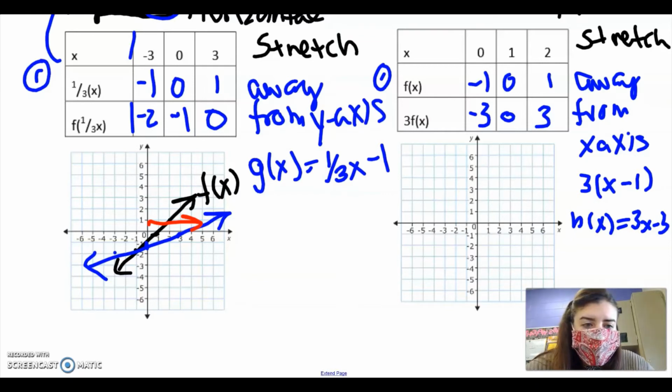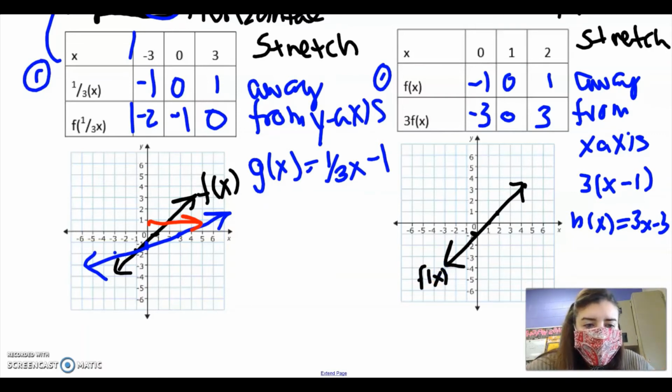I'm going to graph our parent function. We're at 0, -1, 1, 0, 2, 1. Okay, notice that x-intercept is at 1. Okay, so now we're going to graph our new function. Let's label this f of x.